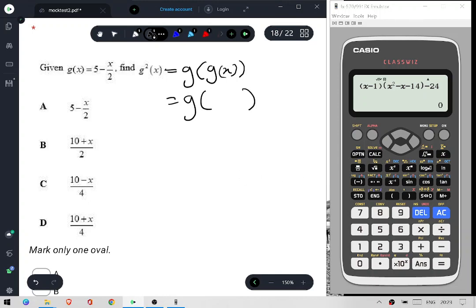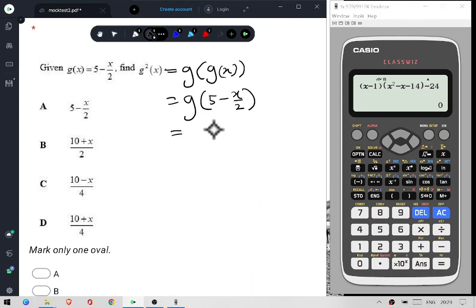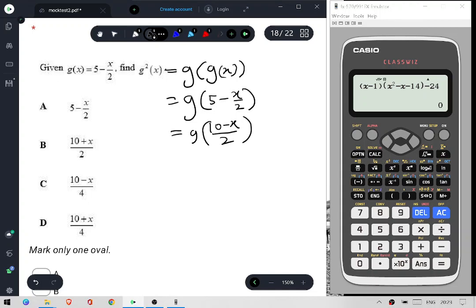What is g(x)? 5 minus x over 2. For the sake of simplicity, we combine everything. So 5 minus x over 2 is 10 minus x over 2, like this.